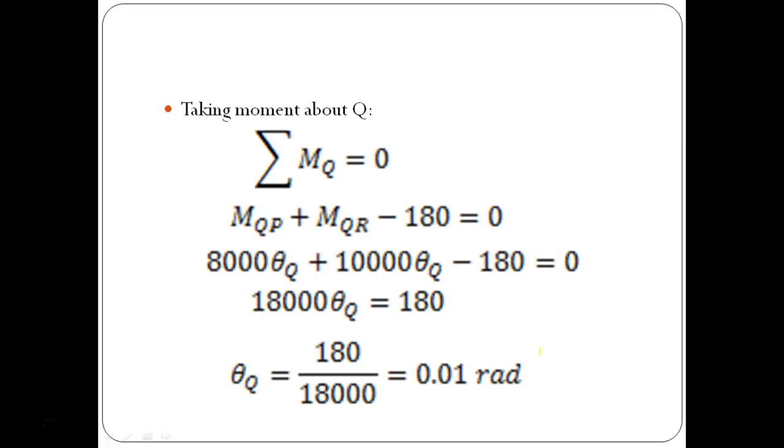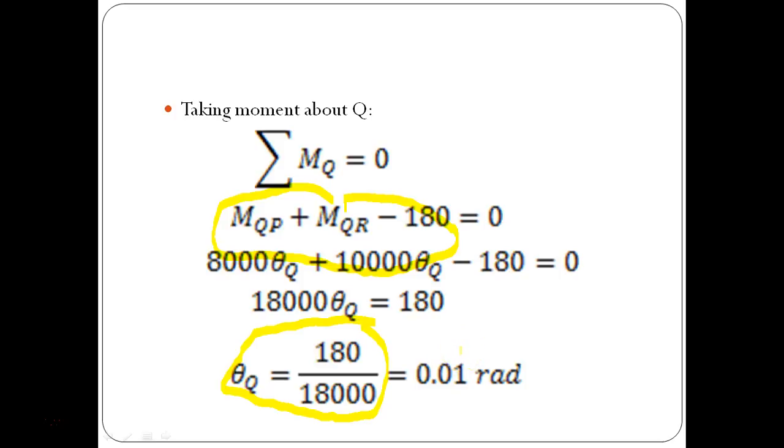We know that MQP plus MQR minus 180 equals 0, and we already calculated MQP and MQR in terms of theta Q. So we just put the values: 8000 theta Q plus 10,000 theta Q minus 180, since the moment is acting at point Q. Finally we can calculate theta Q as 180 divided by 18,000, and this equals 0.01 radian. This is what we want.